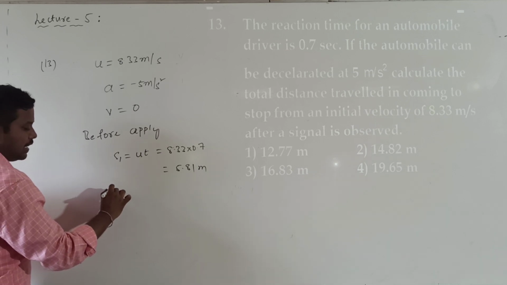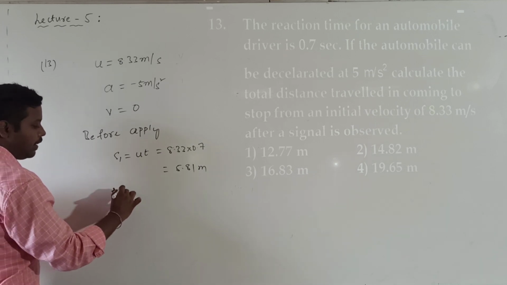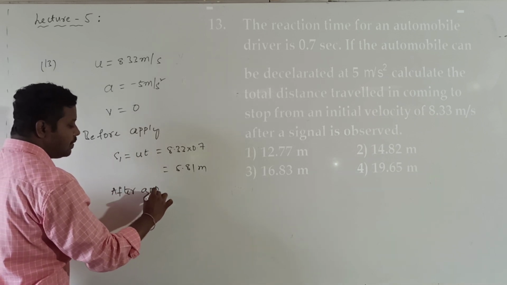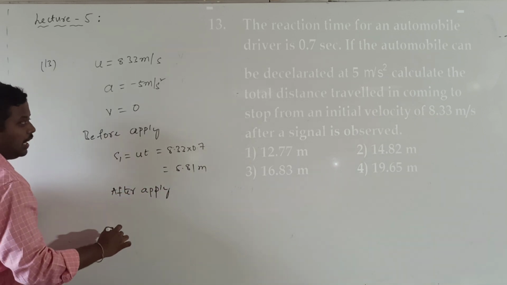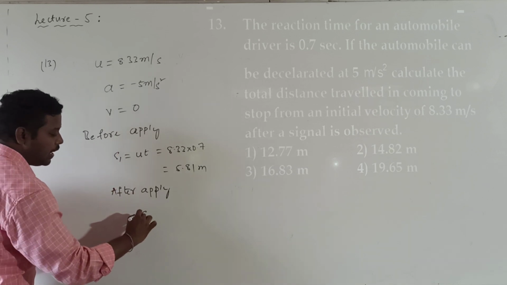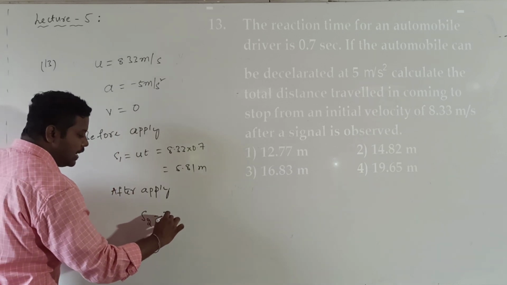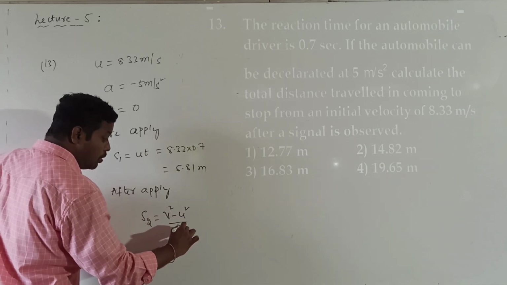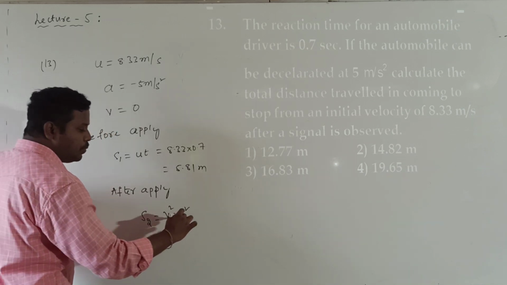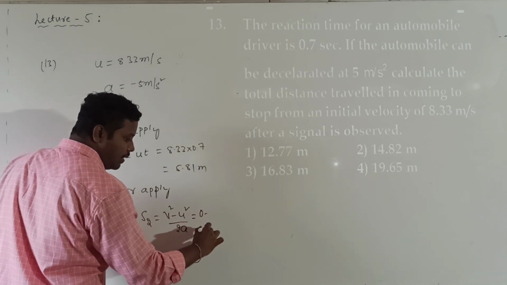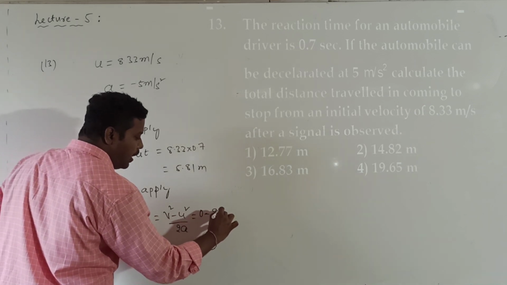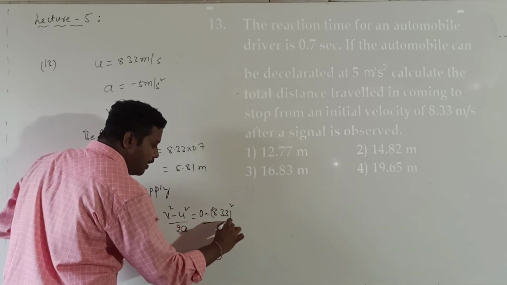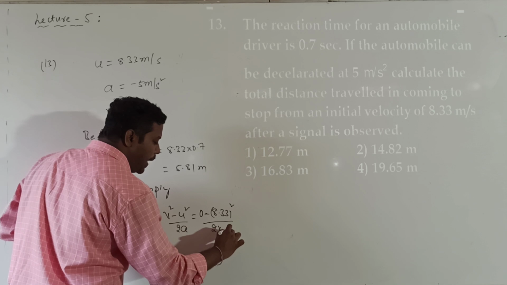Now what is the distance travelled after applying the brake? That distance is given by the formula, let me call it S2. For the distance, v square minus u square is equal to 2as. What is the v value? 0 minus u square, 8.33 whole square, divided by 2 into a value, 2 into minus 5.